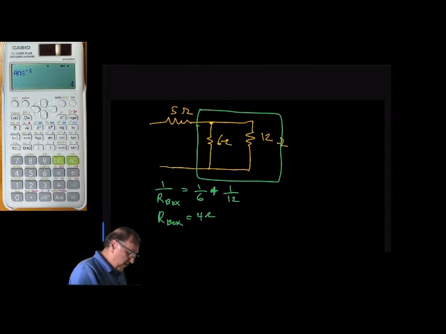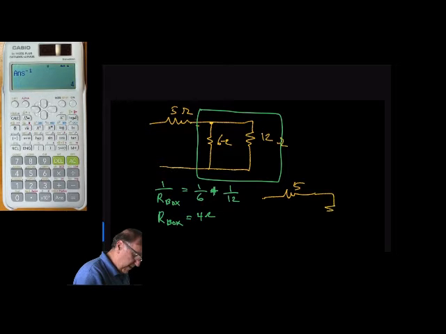So now we can redraw this circuit, simplified once again. So it would look like this. 5 ohms there, and now 4 ohms here.